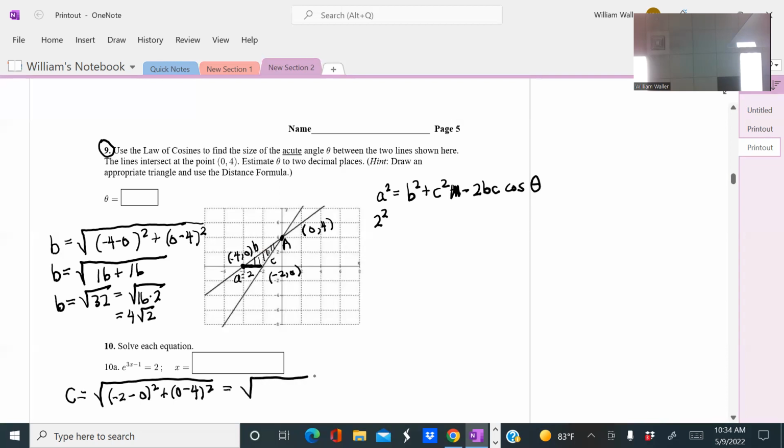So we get the square root of -2 squared is 4, -4 squared is 16 again. So you get the square root of 20. And square root of 20, if you simplify that, you end up with 2 times the square root of 5, if you want to, but you could leave it as square root of 20. That would be fine. And there it is. So there they are, right? There are the numbers that you're going to plug into your law of cosines.